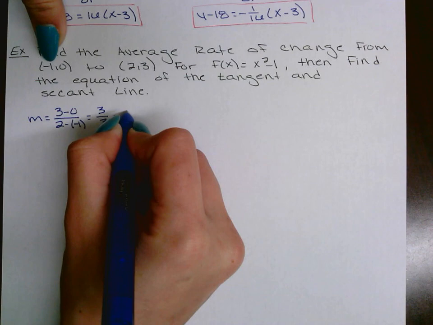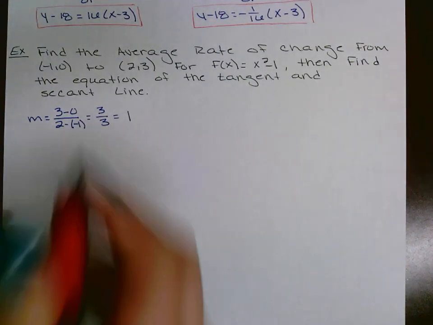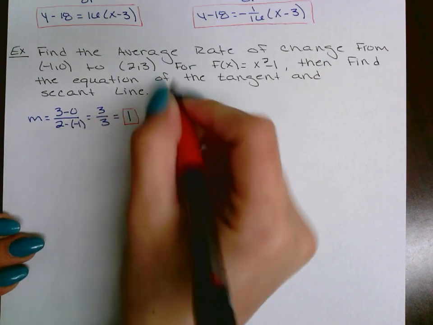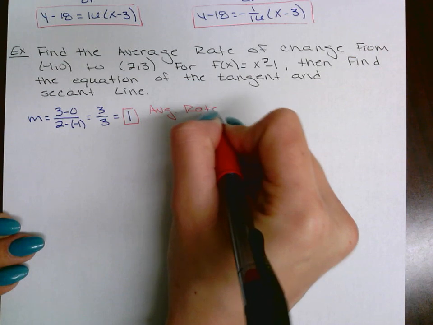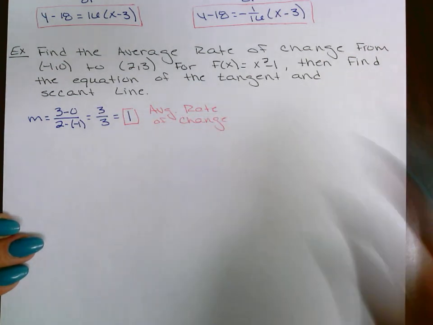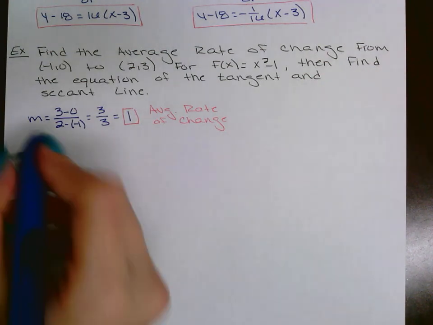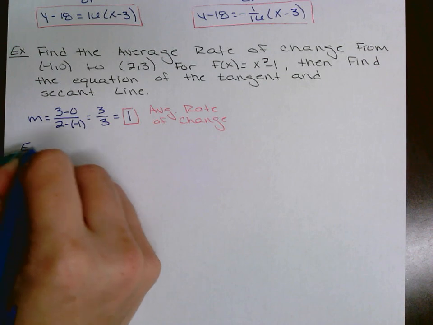So my slope, or my average rate of change, is 1. Okay? And now, lastly, this one was a lot easier. It's always easier when they give us both ordered pairs.